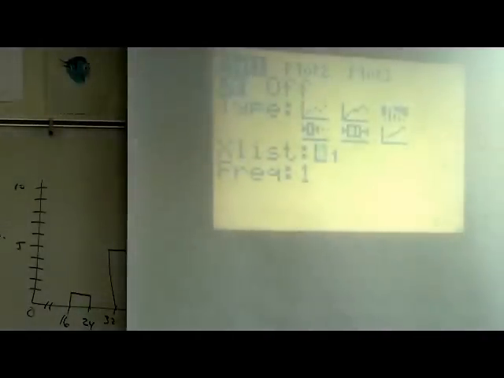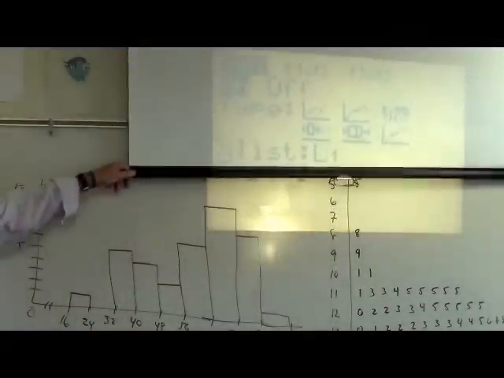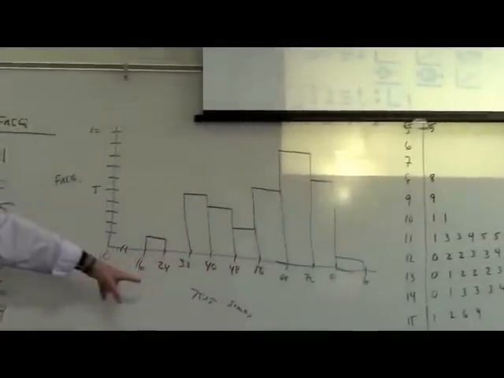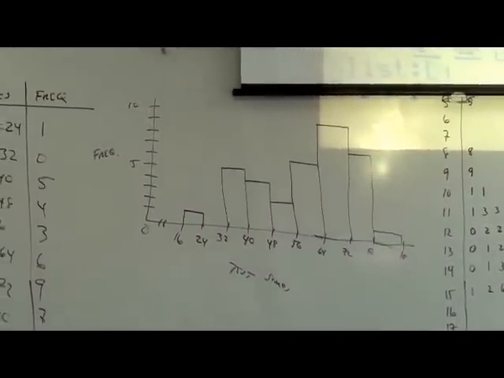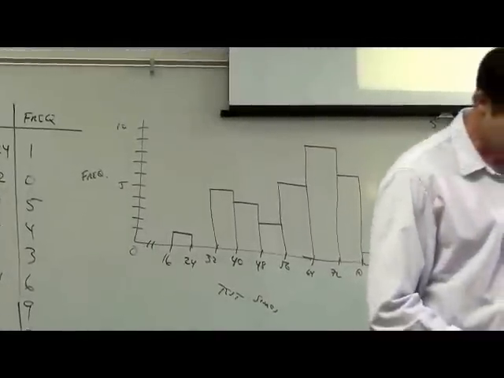So what else do we got to tell our calculator about? Classes. Yeah, the calculator doesn't know any of this stuff. Calculator's got to know, okay, where do you want to start? How much do you want to go by? We do that in Window. Go to Window. It's on the top row there.